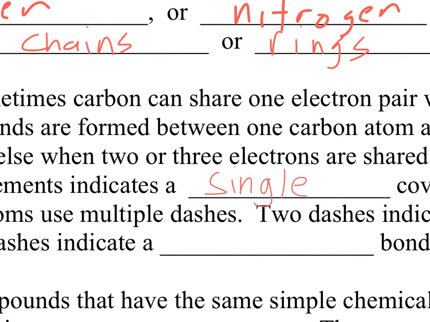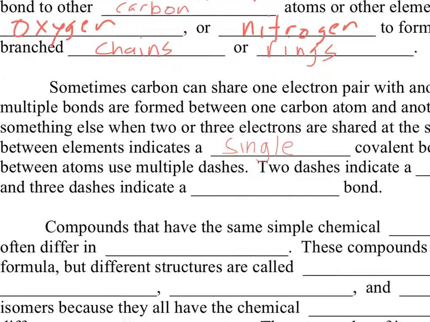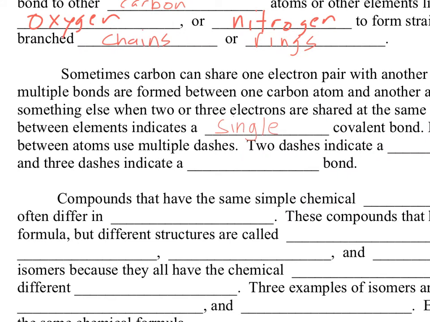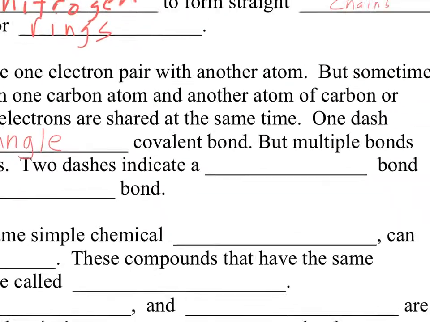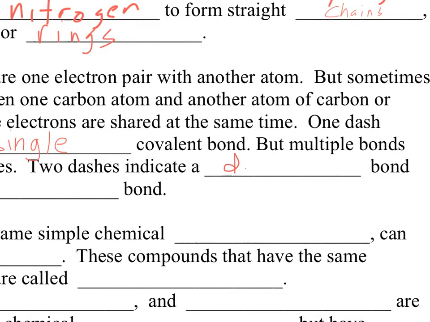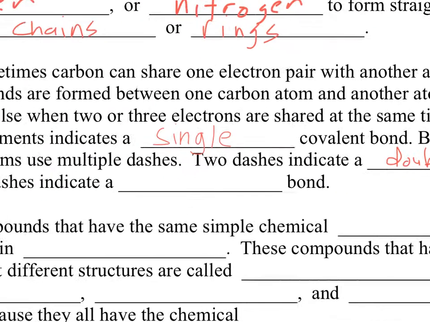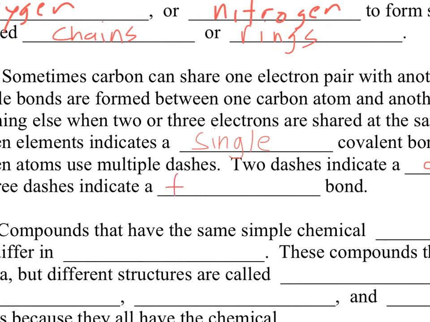Okay, so one line is a single bond. 2 dashes indicates a double bond, and 3 is a triple.